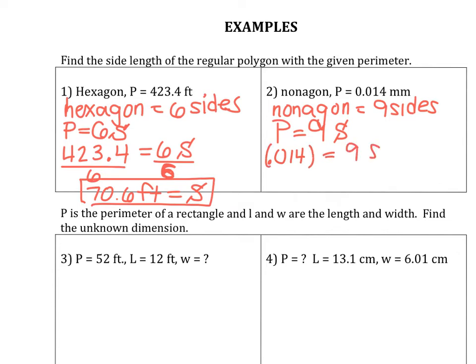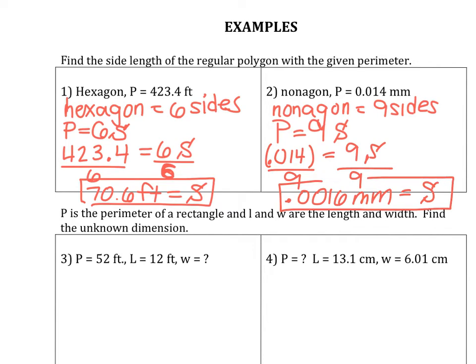And we are going to now go ahead and solve for S. So we're going to divide by 9. 0.014 divided by 9 gives us 0.0016 millimeters. And again, that is our side length. Each side is 0.0016 millimeters.